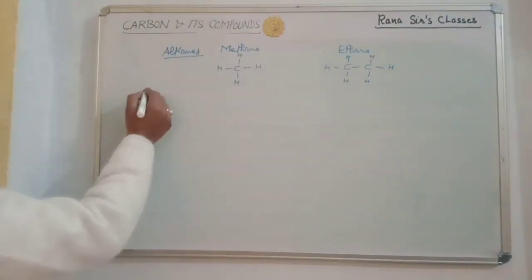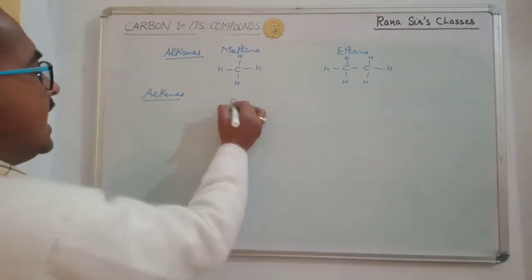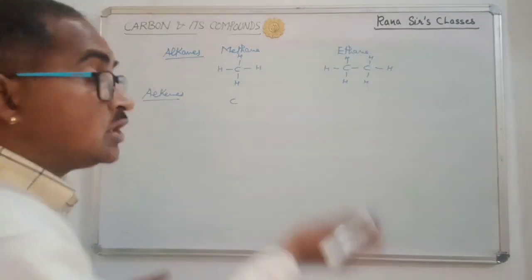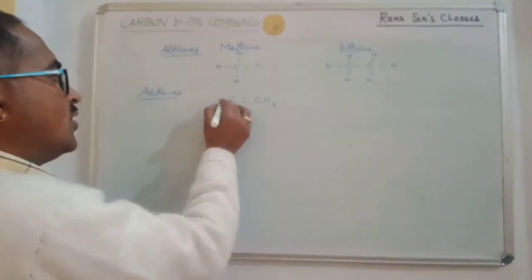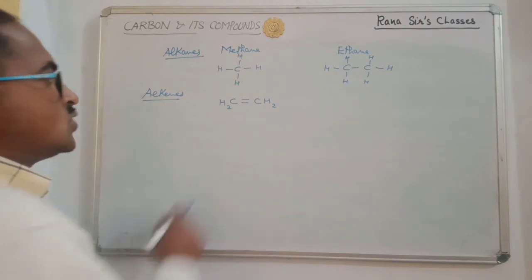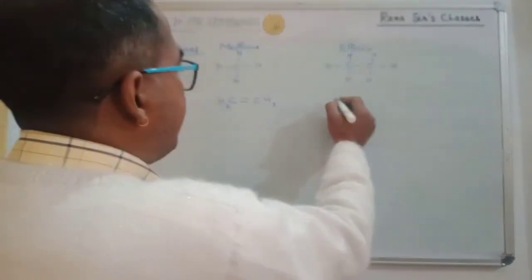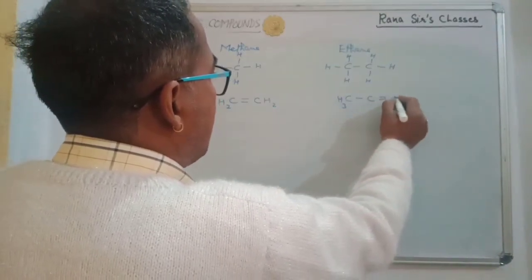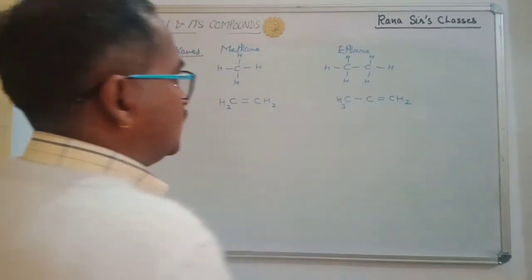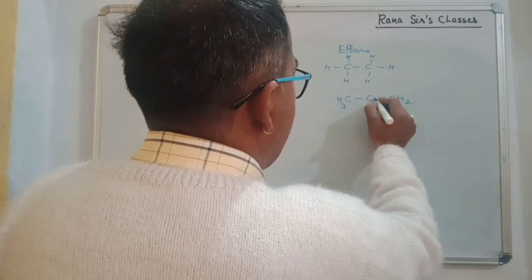But if we talk about alkenes, then it is like C2H4. So what is there? Double bond is there. Propene is CH3, C double bond CH2. So here it will be CH.